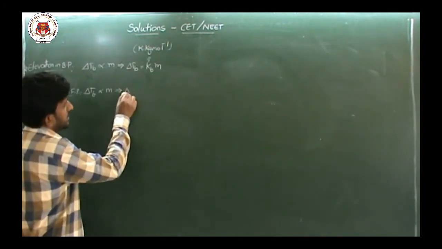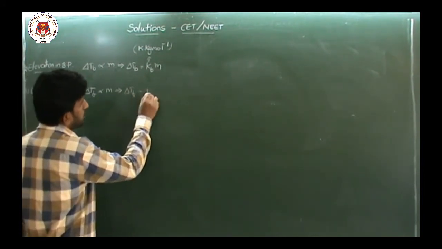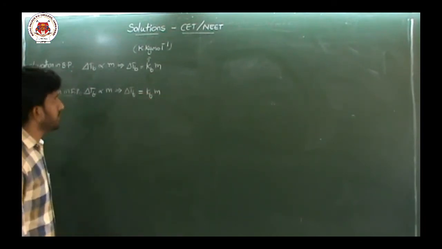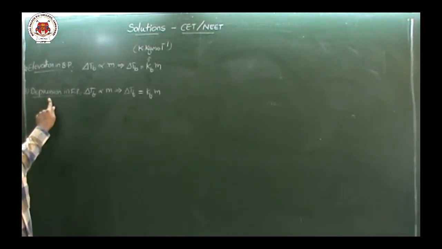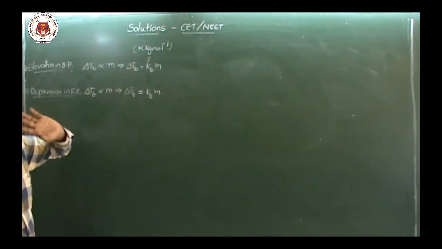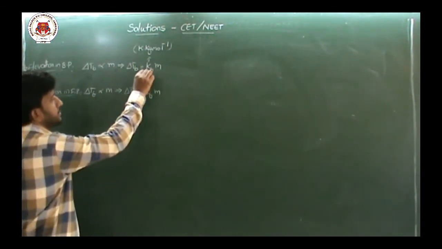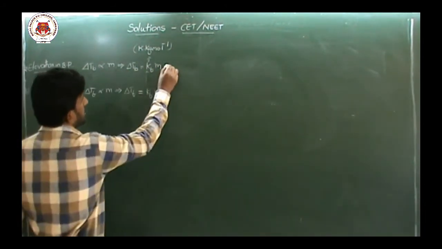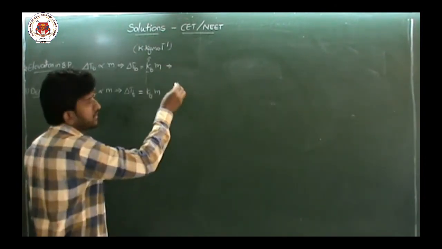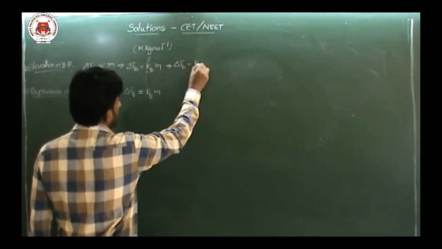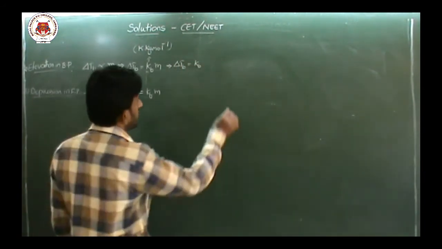So I can write here delta Tf is equal to Kf into molality, where Kf is called molal depression constant or cryoscopic constant. Units are the same. Now, if I substitute the molality formula, delta Tb is equal to Kb into, what is molality?